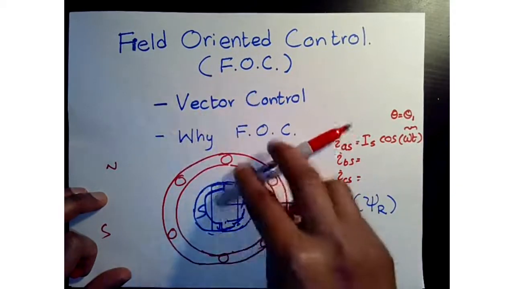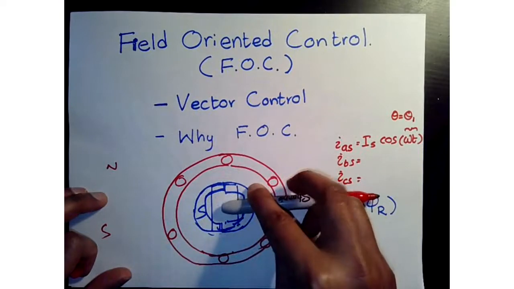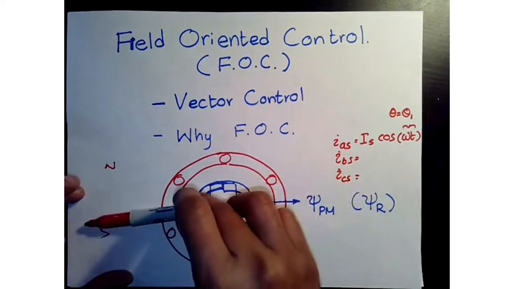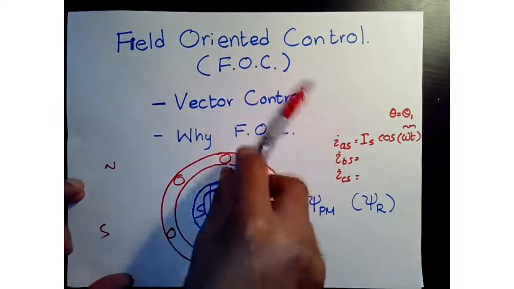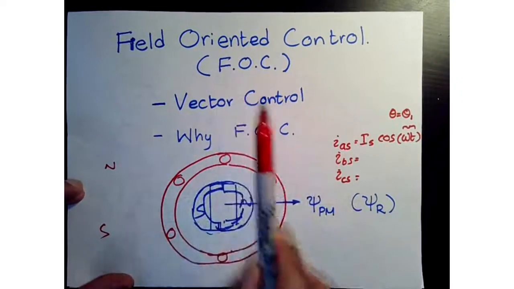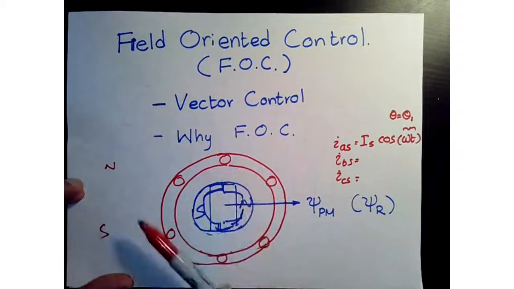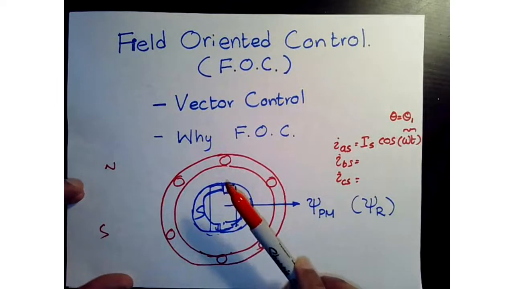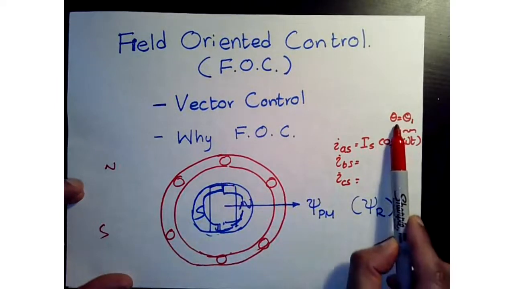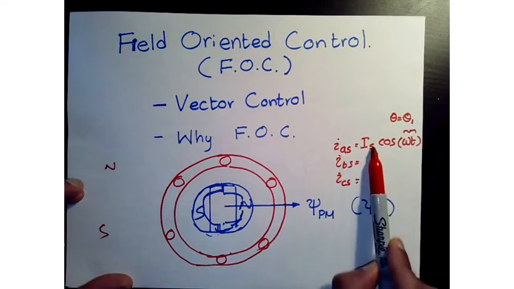It can be along with the permanent magnet flux. It could be opposing permanent magnet flux. It could be 90 degrees out of permanent magnet flux. Any position you want. You have the control to position or align your stator flux vector using this angle that you apply to the currents.